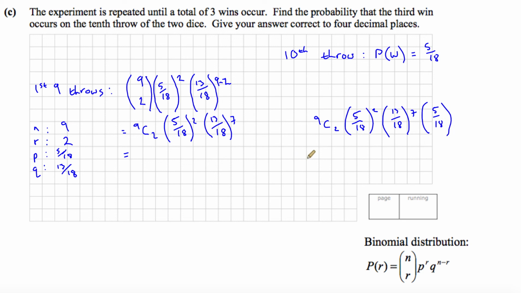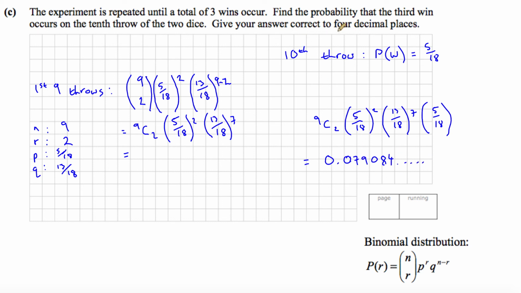So all of this into the calculator will give you an answer of 0.07908, and on it goes on your calculator.